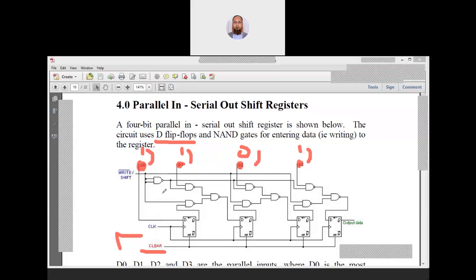Let's see how it works, because this is different in a little aspect. As soon as the clock comes, let me clear some things.